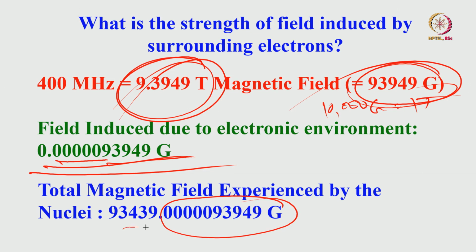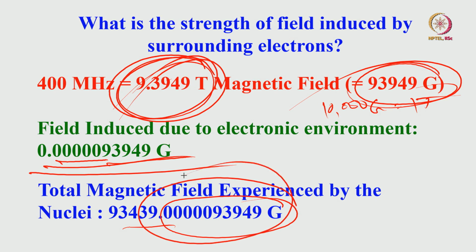So, it will become 93949.0009349, a very small field induced, but that is effective, that is seen by the nucleus. So, the total magnetic field experienced by the nucleus is, in addition to the static magnetic field, a very minute magnetic field induced at the site of the nucleus because of the internal interaction.